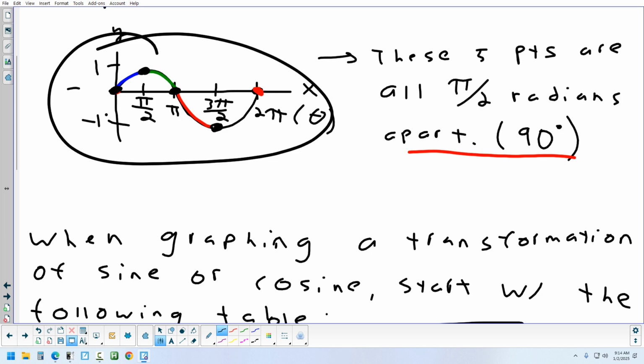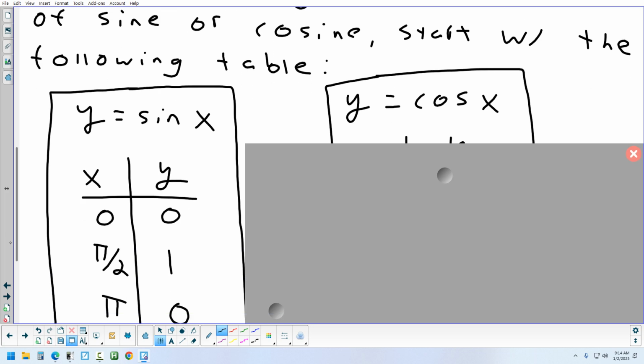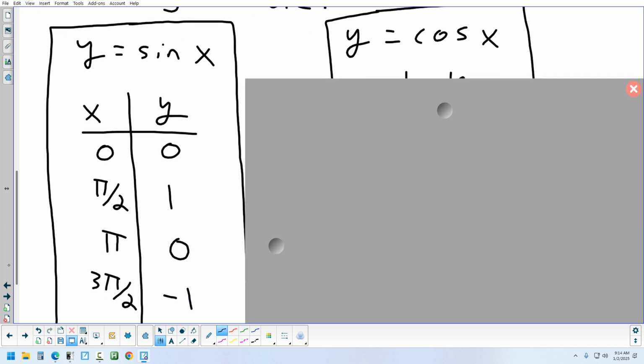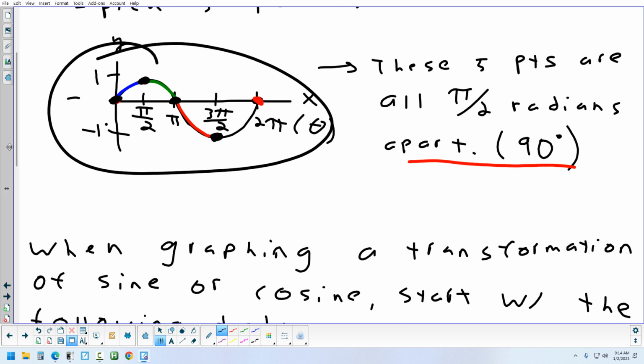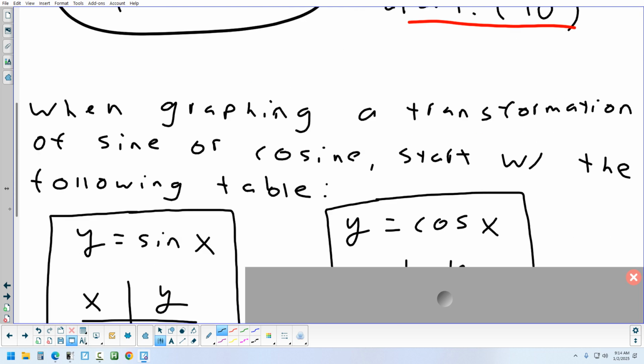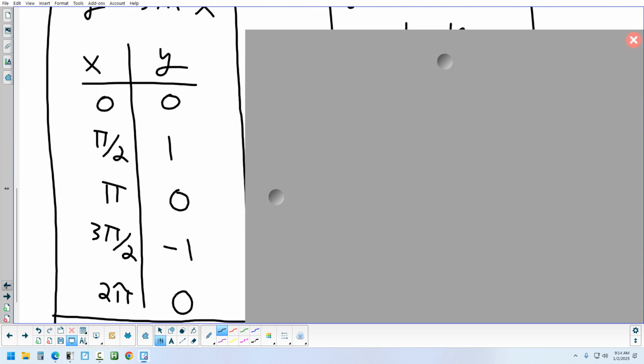What's that fourth coordinate going to be for sine? Jack, what do you think? 3 pi over 2, comma negative 1. 3 pi over 2, negative 1. Now you're at the lowest point that you're going to be in the cycle. And then the last coordinate, you are now back where you started, 2 pi, comma 0. So those are your 5 coordinates for sine.